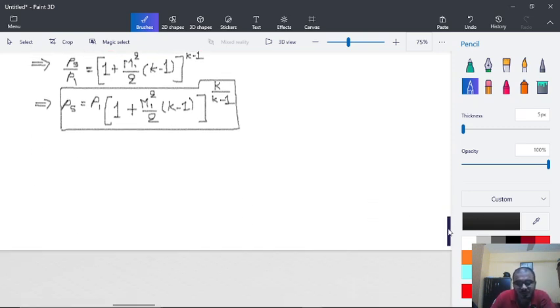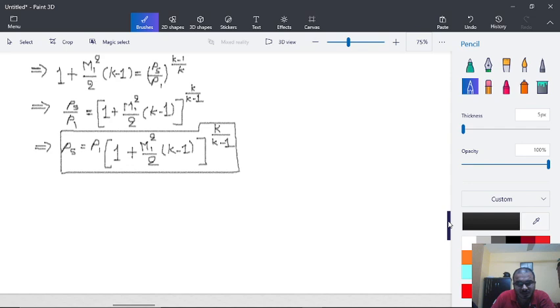Now what we will do is continue with this further. So this is the value of stagnation pressure.